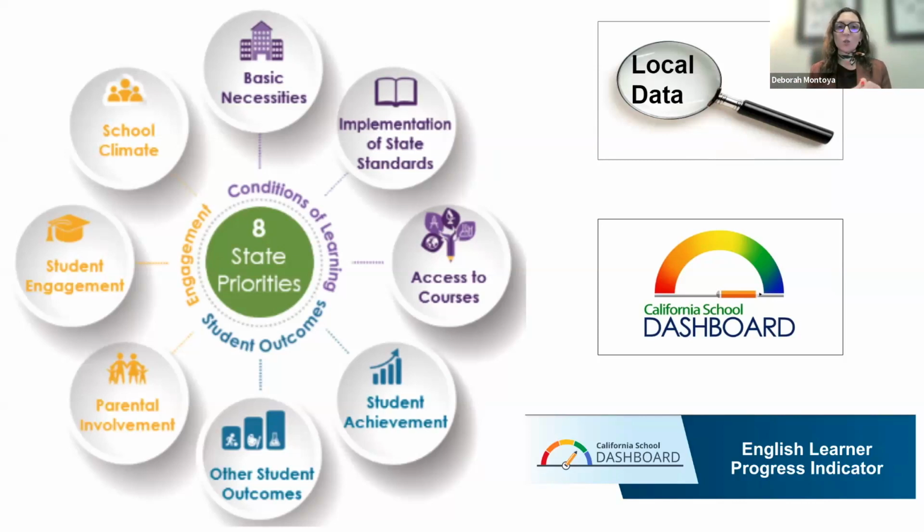Have we taken that local data and drilled down even further? As we look at both subgroups on our California Dashboard, what do we see and what do we notice about commonalities? As we then look at our English learner progress indicator information, because progress is progress made. I know many times our questions are related to how do we get to reclass a little bit faster?